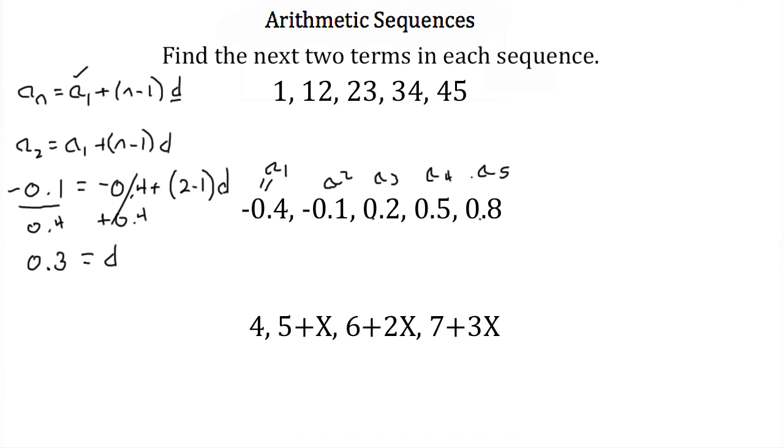So let's again solve for A6 and A7. So our A6 is equal to our first term, which is negative 0.4, plus, now our n is 6, because we're talking about our sixth term. Subtract the 1 and multiply it by our common difference, which is 0.3.